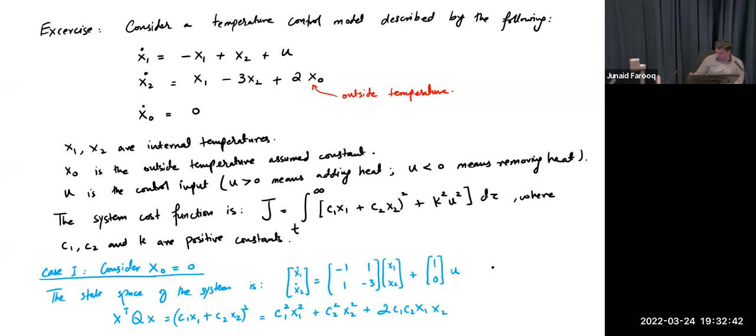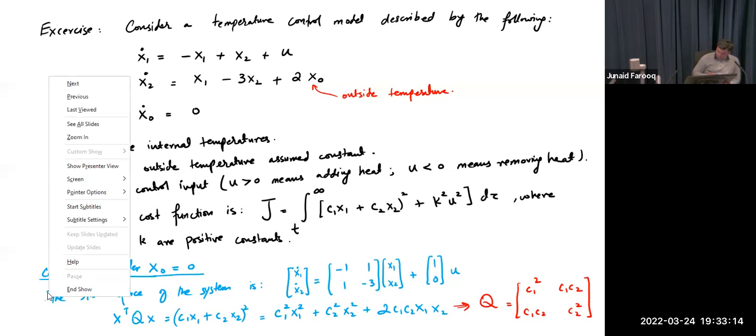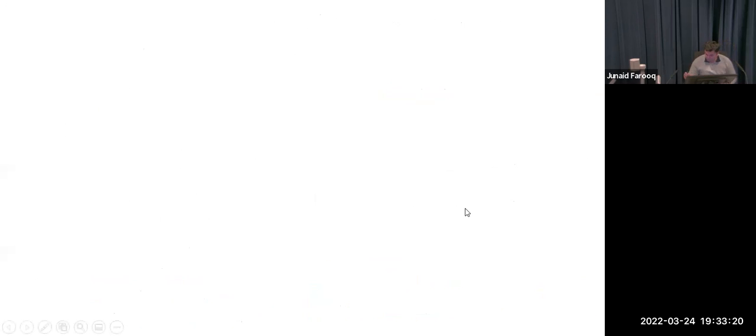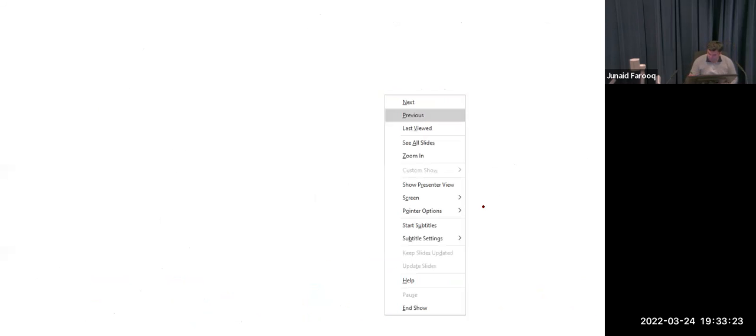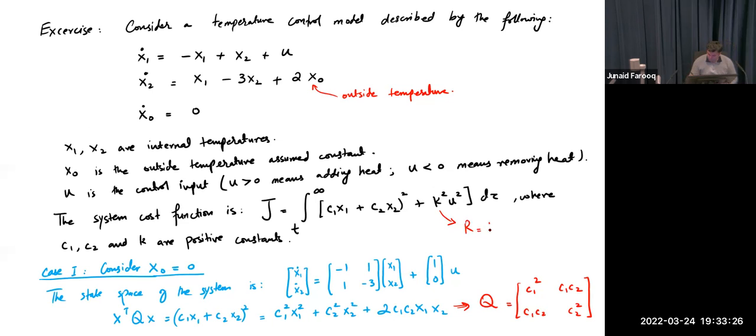So basically your Q matrix will be c1 squared here, c1 c2 here, c1 c2, and then c2 squared here. And from here directly I can say that the R is simply k squared.